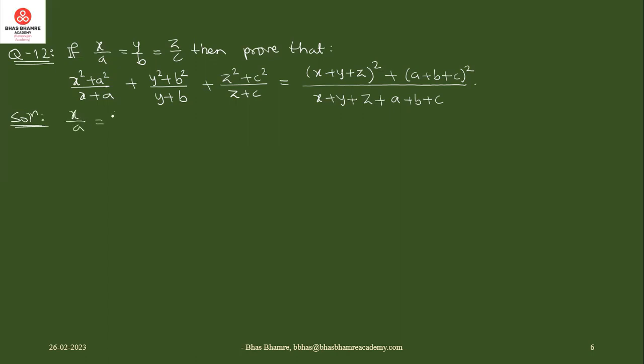x upon a is equal to y upon b is equal to z upon c. I consider it as k.